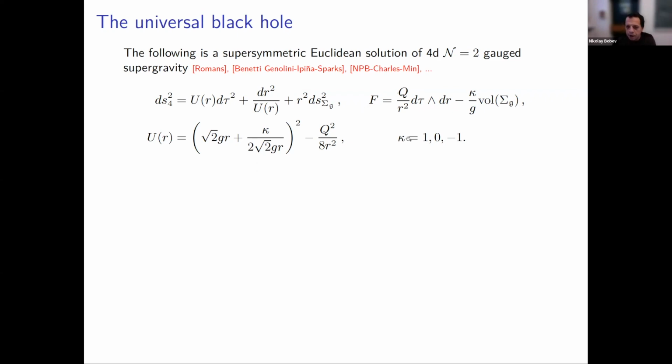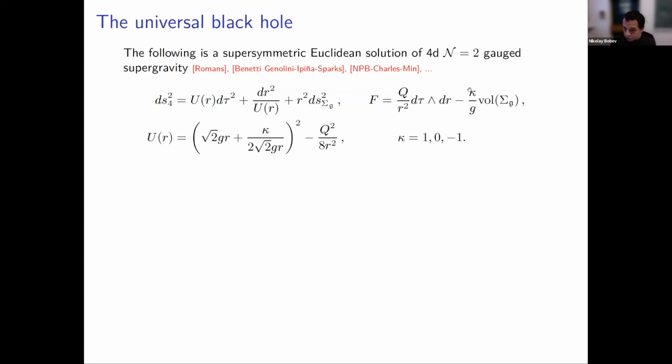What is kappa? Kappa is the normalized Ricci scalar of the Riemann surface. So when kappa is 1, this is the sphere. When kappa is 0, it's the torus. And when it's -1, it's some hyperbolic Riemann surface with the Einstein metric on it. The parameter Q is a real number, which you should think of as the electric charge.